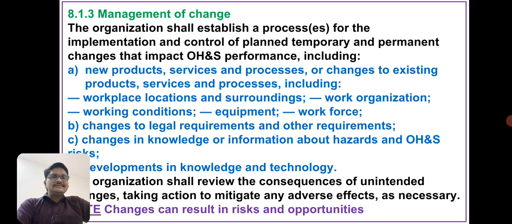Next subclause is 8.1.3, that is management of change. The organization shall establish a process for the implementation and control of planned, temporary and permanent changes that impact the OHS management system. That includes new products, services or processes, or changes to existing products, services or processes, and includes workplace location, surroundings, work organization, working conditions and equipment, workforce, and changes to legal and other requirements, changes in knowledge or information about hazards and OHS risks, and developments in knowledge and technology.